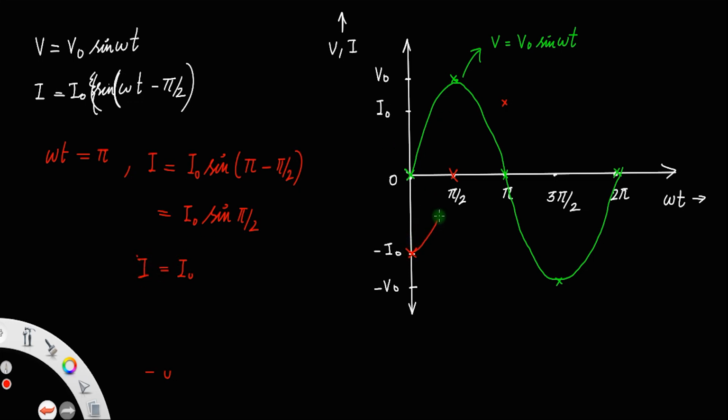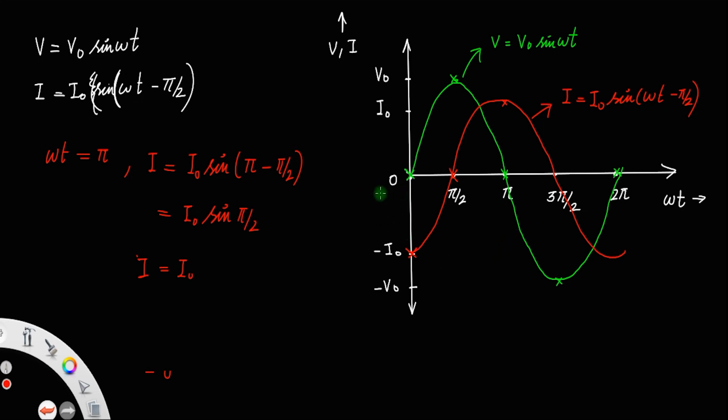Now you can continue like this and you will get a graph like this. Clear? So this is the graph of I equal to I0 sine of omega t minus pi by 2. Clearly, from the graph itself, it's not in the same phase.